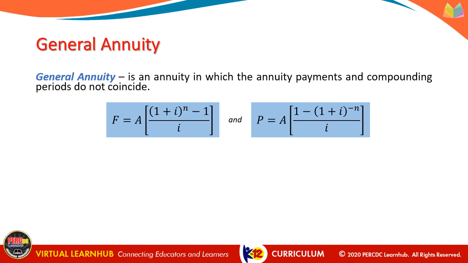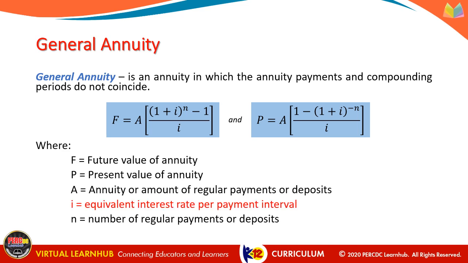These are the same formulas that we use for simple annuity. However, there is a slight difference. F is equal to the future value of annuity, P is equal to the present value of annuity, A is equal to the annuity or the amount of regular payments or deposits, but now i is the equivalent interest rate per payment interval.